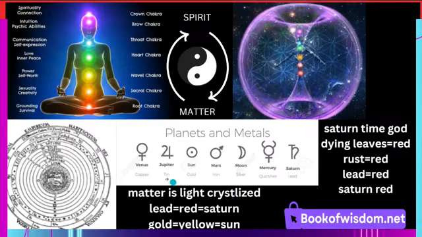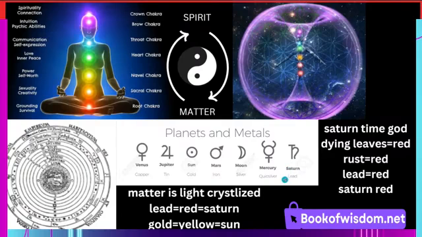Matter is light crystallized. This is where we get the 7 metals from. The planets are light, specific frequencies and vibration of light. When these lights, or the planets, materialize, they turn into the 7 metals.